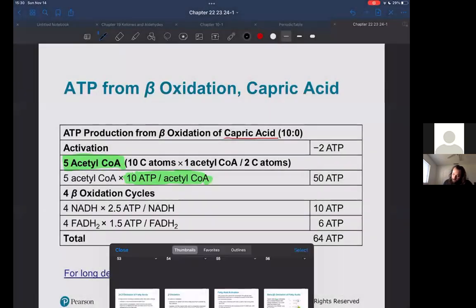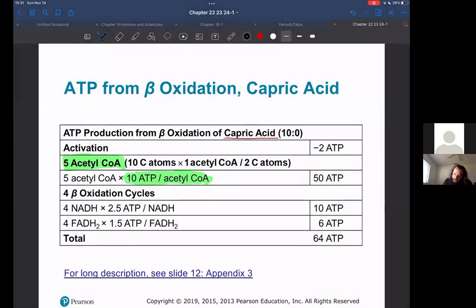Okay, so if I had 5 acetyl-CoAs, that would give me 50 ATP just from those acetyl-CoAs, right? I think I forgot to mention, but we had to activate it, so we're going to have to subtract 2 ATP. That's the energy investment phase. Then once we get our 5 acetyl-CoAs, we'll turn that into 50 ATP. And for 4 rounds of those oxidation cycles, because again, it's that N-1 for the number of rounds, we would create 4 NADHs and 4 FADH2s.